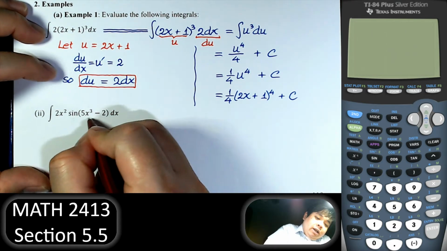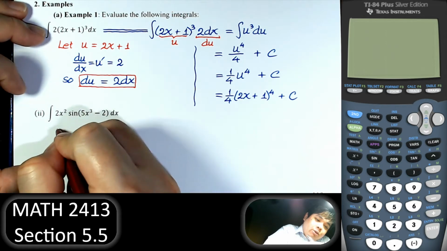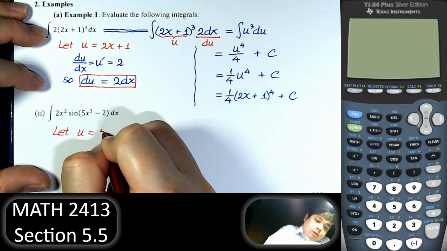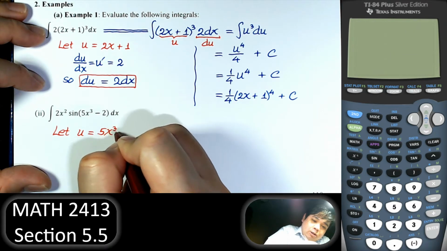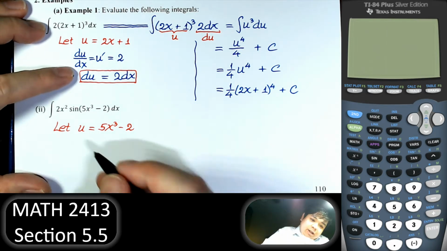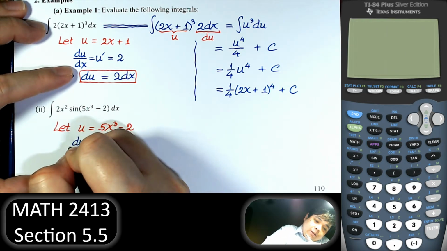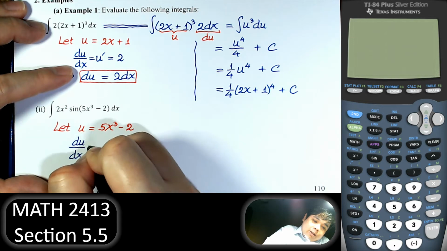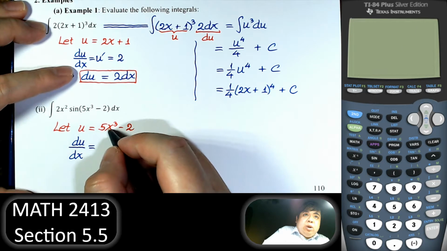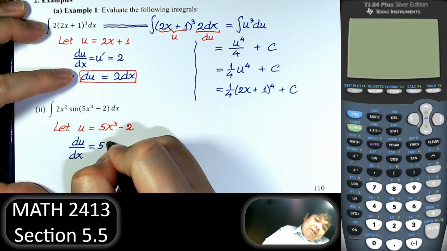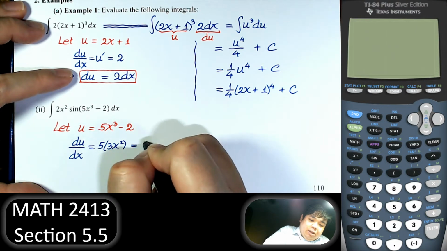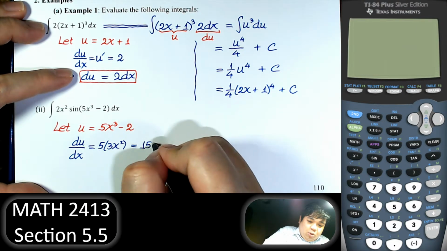So here, I'll let u equal 5x cubed minus 2. And then we can check the derivative, right? The derivative is going to be 5 times 3x squared, or 15x squared.